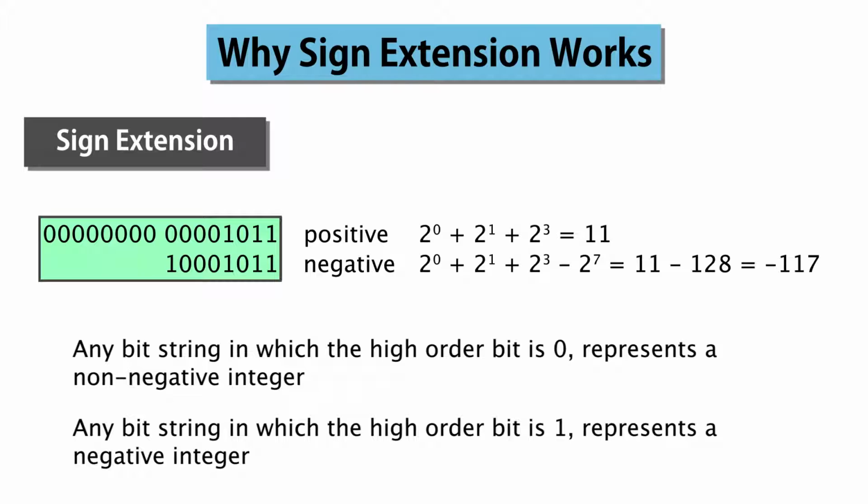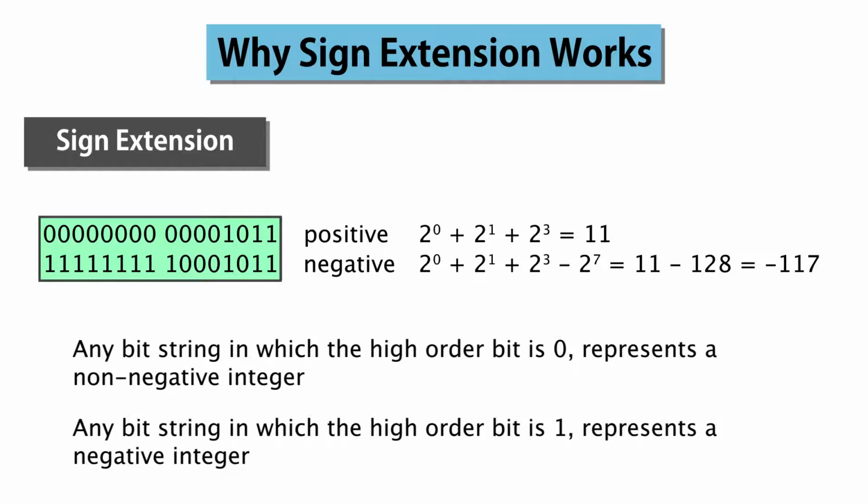The only really interesting case is what to do if our initial number is negative, i.e. if the high-order bit is 1. The claim of sign extension is that you can pad such a bit string on the left with 1s without changing its value. For example, our second bit string, which represents a negative number, is sign extended into this.